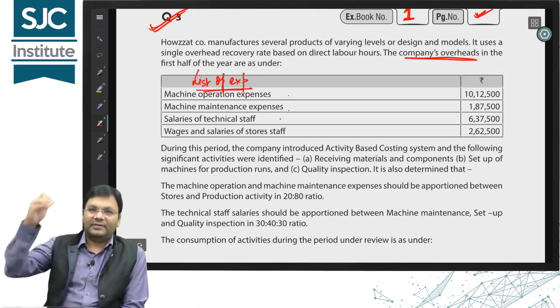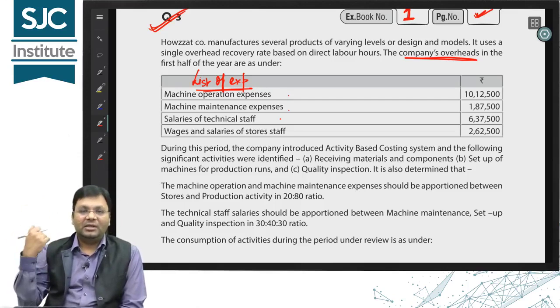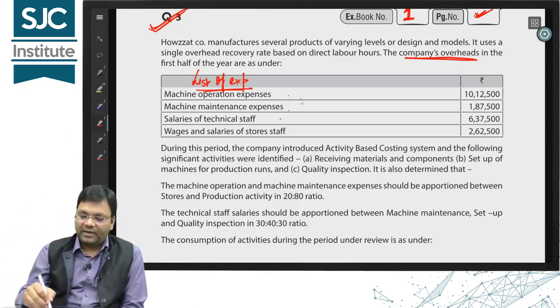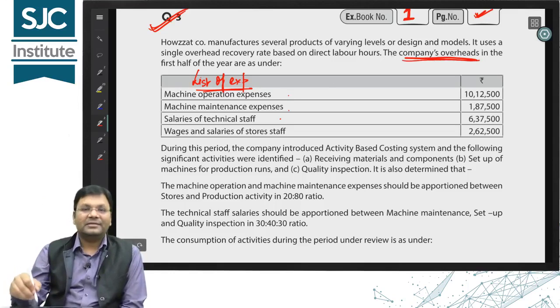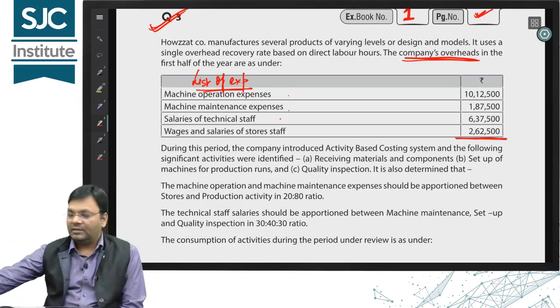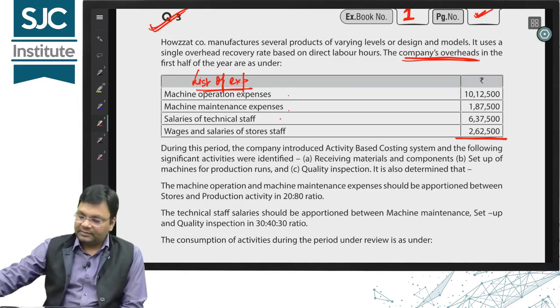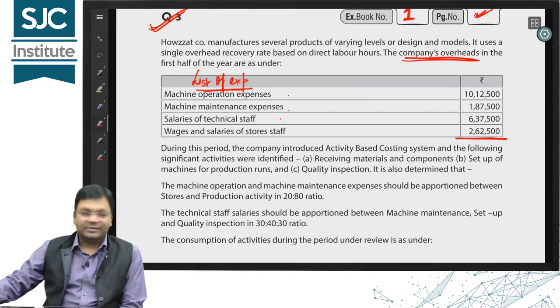You remember my initial concept, where I showed that a company typically has a long list of expenses which we categorize as material, labor and then overhead. So these are the list of overhead items. It's clearly written company's overheads in the first half are. So if you want, you can take the total of all the overheads. Please take the total and tell me the answer. Be quick. It's a live session, so make full use of it. Participate by calculating answers also.